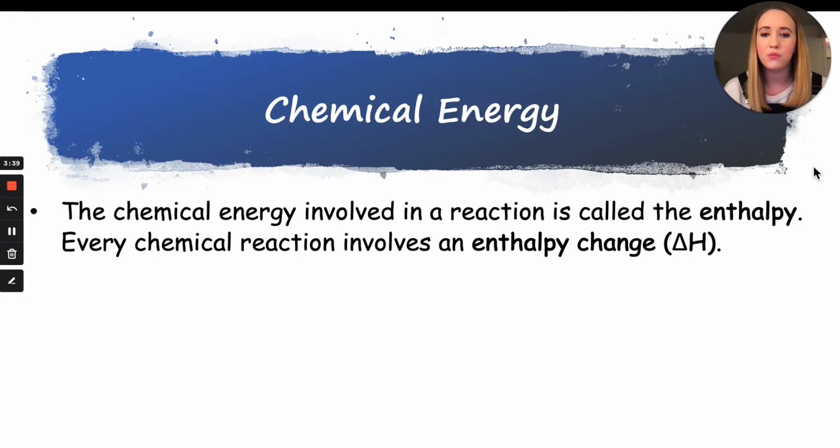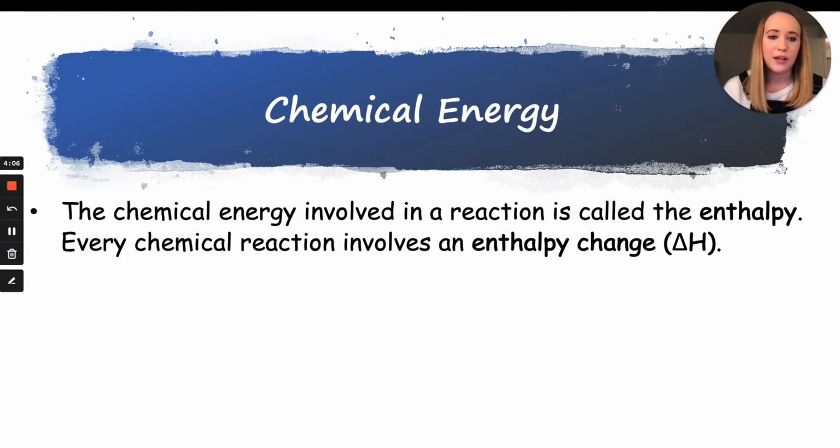Okay, so we've got some notes to take down on this slide here. When we talk about chemical energy, we normally refer to it as being enthalpy. So that's just another word for chemical energy. And as we saw in the previous slide, every chemical reaction involves some form of enthalpy change. So some form of change in energy.